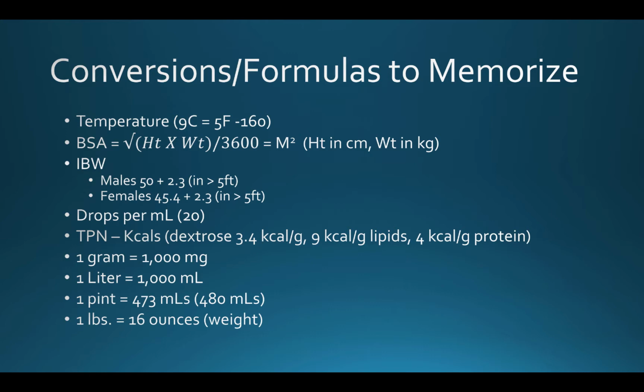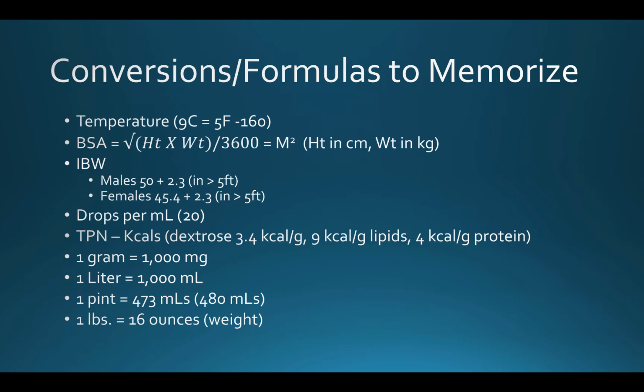I think that's an important thing to keep in the back of your mind if you've got to do a TPN calculation. Got to know grams to milligrams, liters to milliliters, centiliters. You've got to know all these different equations, conversions that are part of SI units and what that looks like.